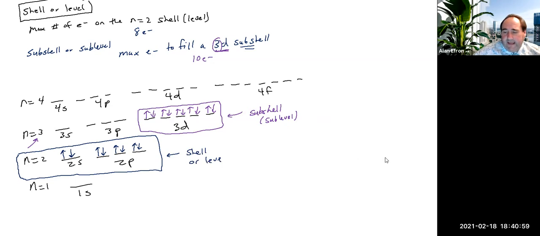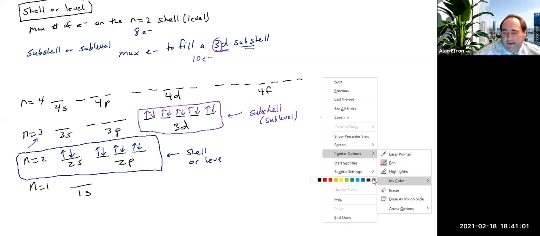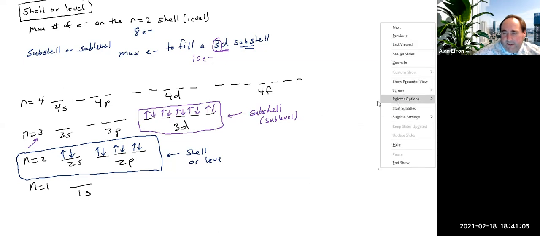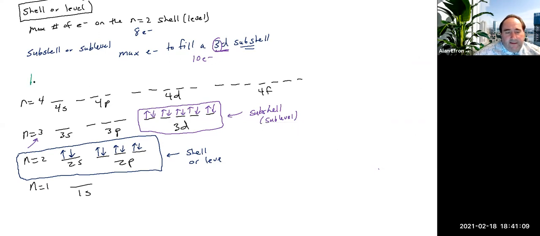So let's do one last one here. How many electrons in a 4f orbital? Take a second. If you want, you can put in the chat box what you think the answer is.